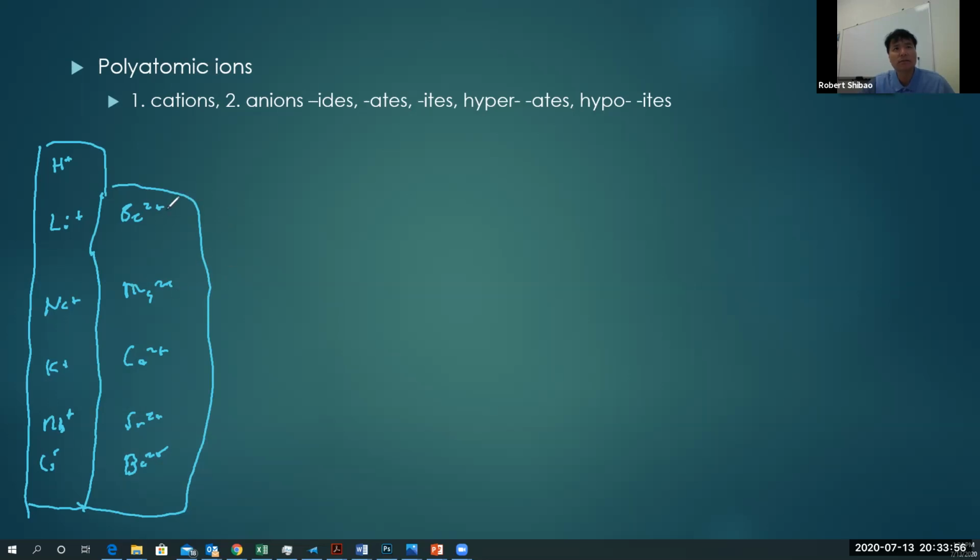So if we jump from beryllium all the way over here to aluminum, aluminum is 3+. If we go from magnesium, let's see, where do we go? We should probably look at the periodic table for this. I'm doing this from memory. If we go from magnesium, sodium, magnesium, we got scandium.